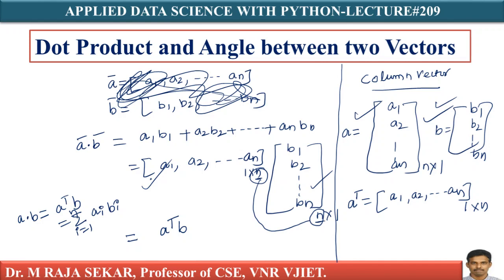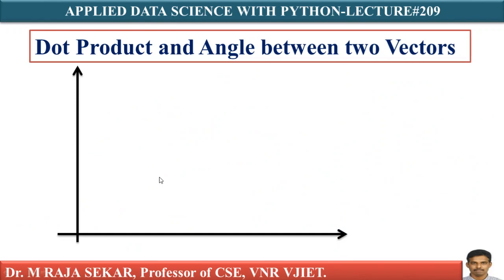Let's assume we live in two-dimensional space. Let's assume I have a vector A and I have a vector B.